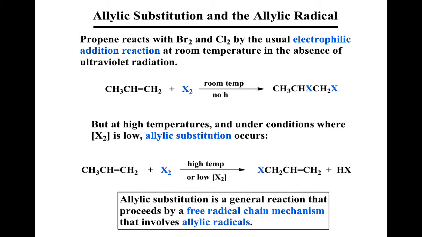However, let's suppose she's working in my colleague's lab across the hall and she's working next to the window and there's this intense light coming in from our southern sun, right? It turns out that she might get a different product. How is this product different from this product? There's still a double bond.